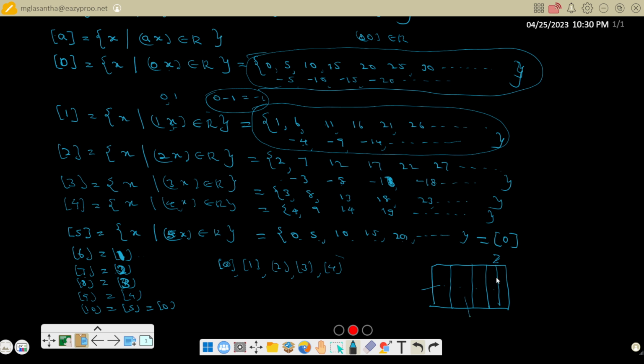All these 5 are infinite sets. This partition is also an infinite partition. Why do we call it an infinite partition? Because each partition contains an infinite number of elements. Okay? Is it clear?